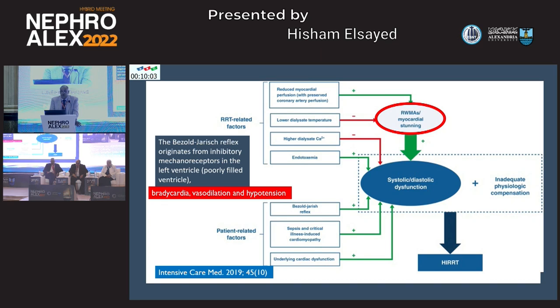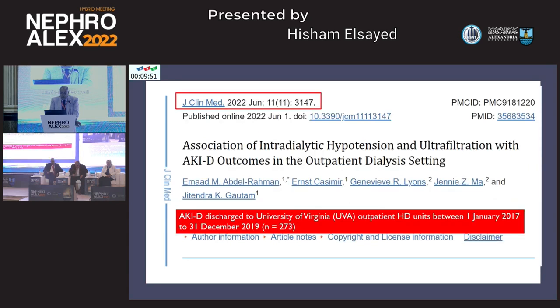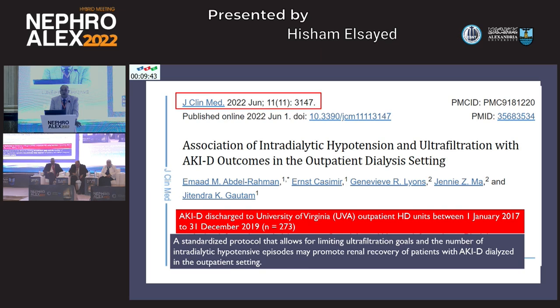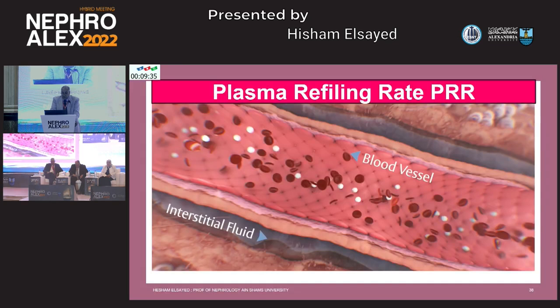The regional wall motion abnormality in the myocardium due to ischemia or inflammation is significant, and this can predispose as well to intradialytic hypotension. So the association of intradialytic hypotension and ultrafiltration with dialysis-dependent AKI is important to decide because on a long scale, the recovery even after 3 months of dialysis in AKI is not intact.